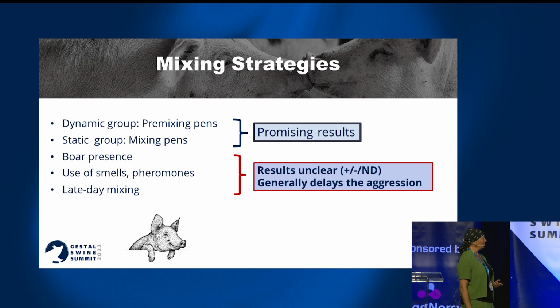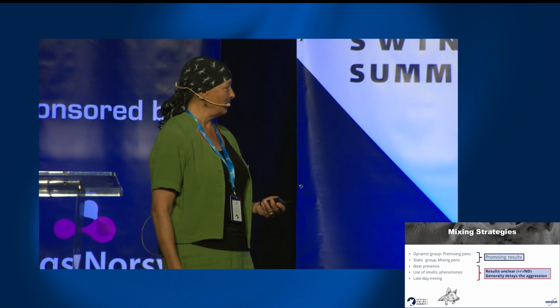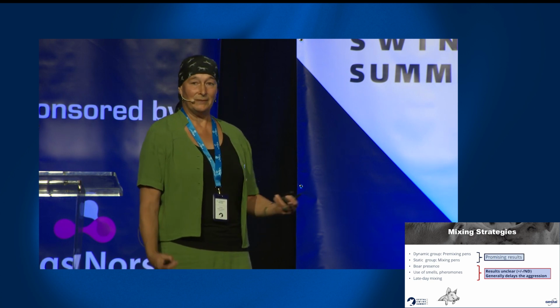So those are two really good approaches, but of course, involving more barn infrastructure, more room, more moving sows around, but certainly positive results there. A number of studies have looked at presence of a boar or vasectomized boar perhaps being brought into the group to reduce that social aggression among sows, and use of different smells to mask individual scents or pheromones to increase acceptance of other sows. Another approach has been to mix late in the day.